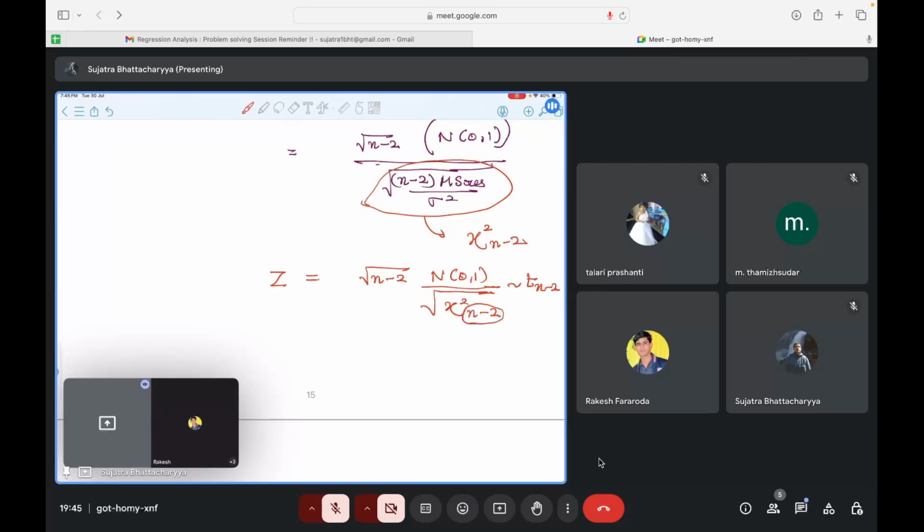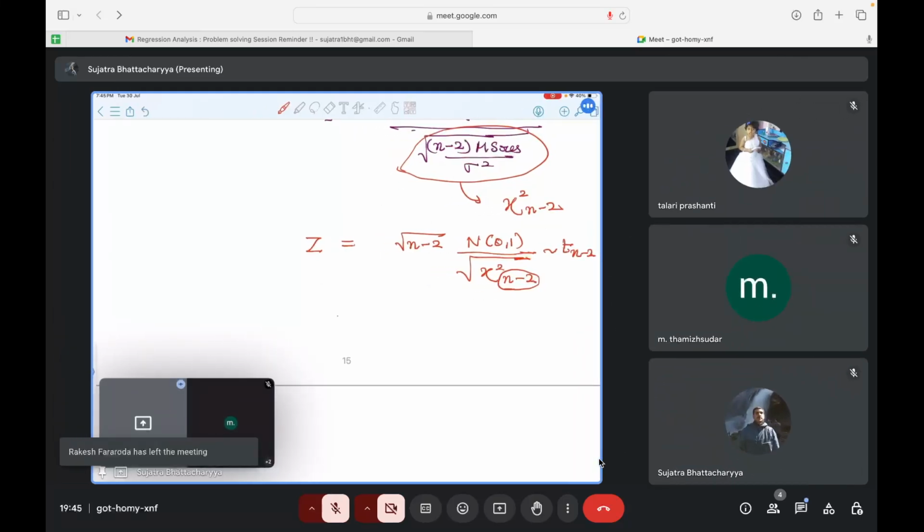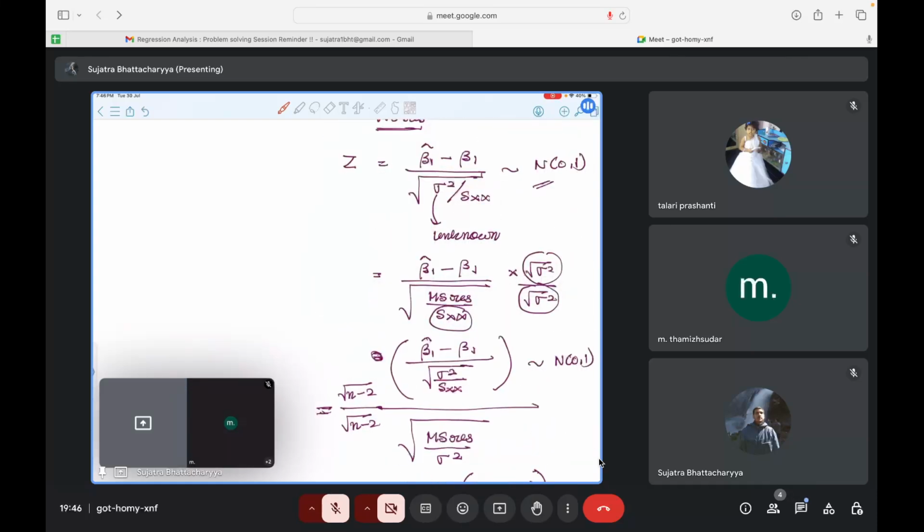Okay, and this will now be my test statistic. So I will follow now that the test statistic has to be calculated based on this. So what I have started with is beta 1 cap minus beta 1 divided by root of sigma square by Sxx.